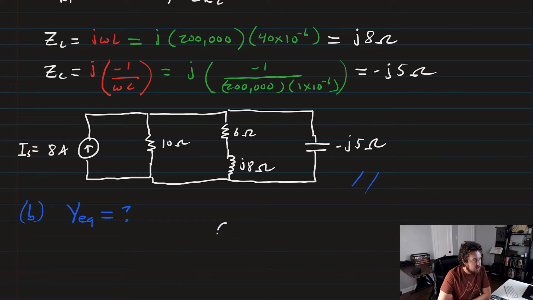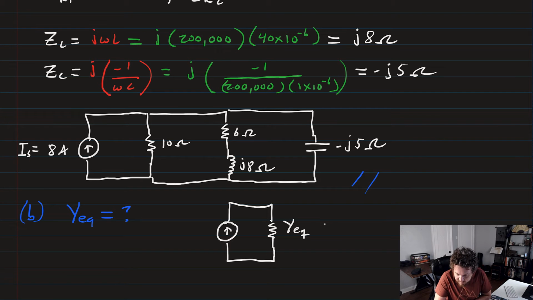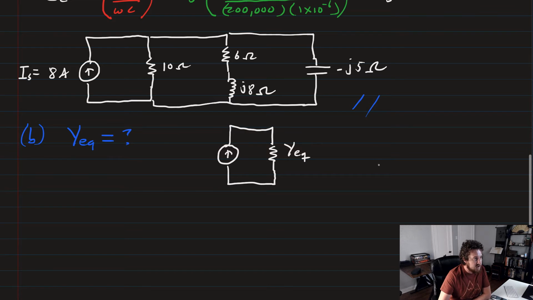It's going to be the one in parallel with our current source. And the reason we use admittance here is because it's actually pretty easy to deal with admittance when it comes to parallel circuits.